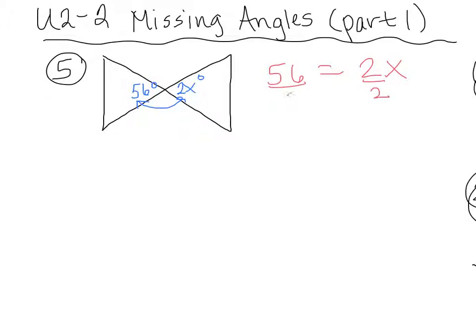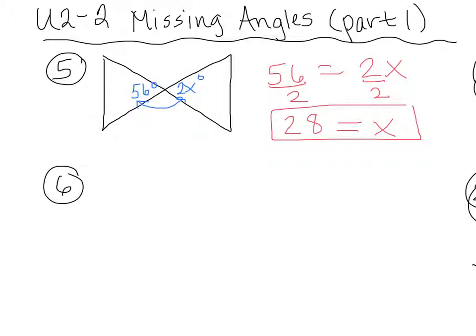So we divide by 2. 56 divided by 2 is 28. So x itself is 28. For some of these we have to do a little more solving, and it has to do with what kind of angles you're given to begin with.